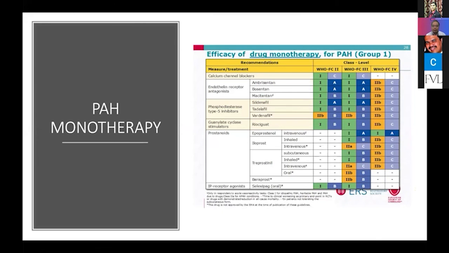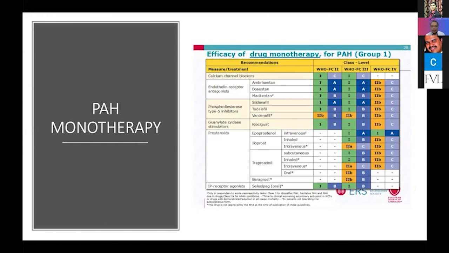You give an acute challenge and look at the improvement of the hemodynamics. If there's improvement in these hemodynamic studies, only then could you prescribe a calcium channel blocker. You have to understand this concept really well, because if you just give calcium channel blockers indiscriminately, it not only fails to improve the symptoms, it can make the patient worse.